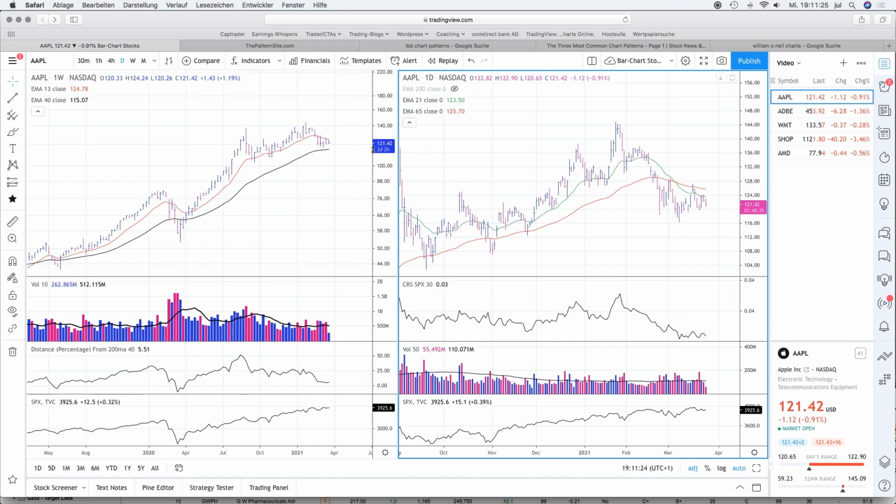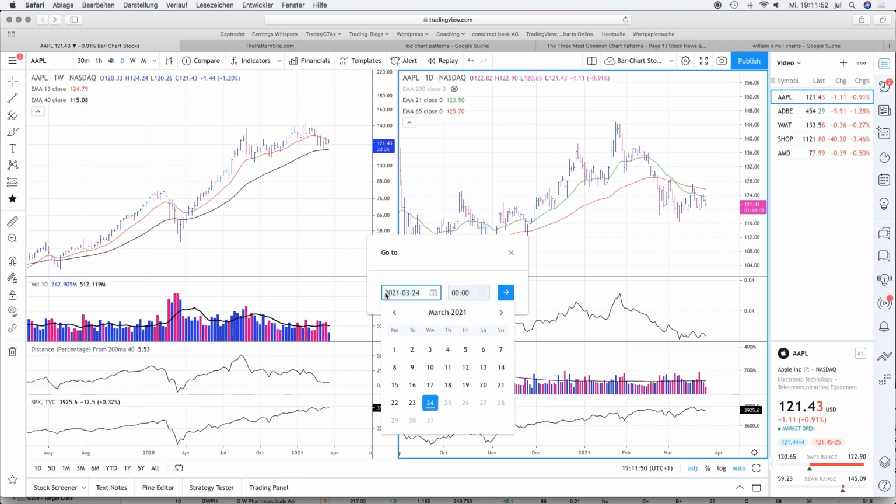So, when we now look here at Apple, I have an easy way to go back in time. And this is the small button here in the left corner at the bottom. This is the go-to functionality. With the go-to functionality, I can go back to any date I want in Apple.